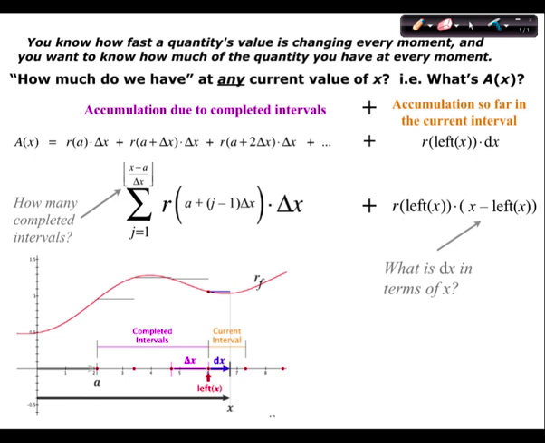And then add one more m dx, but now in the current interval. So it's going to be the rate in the current interval times dx, the actual partial dx right there. Okay, so we got it.